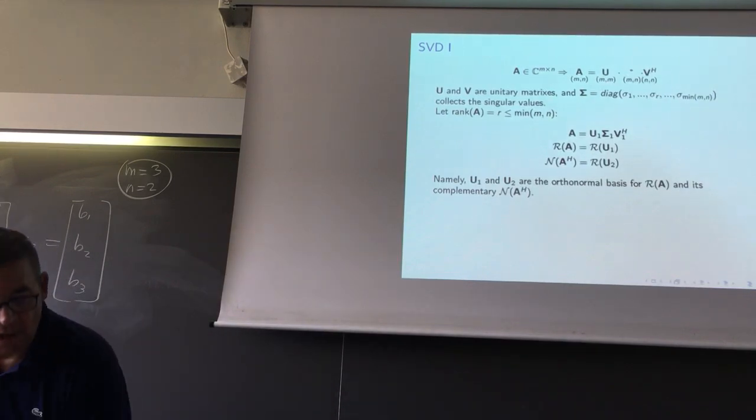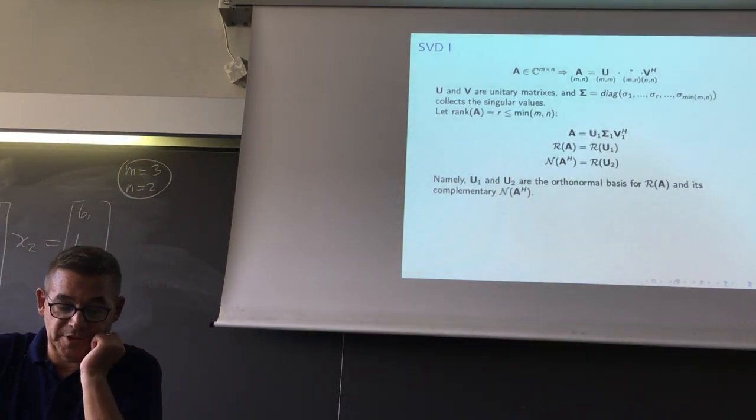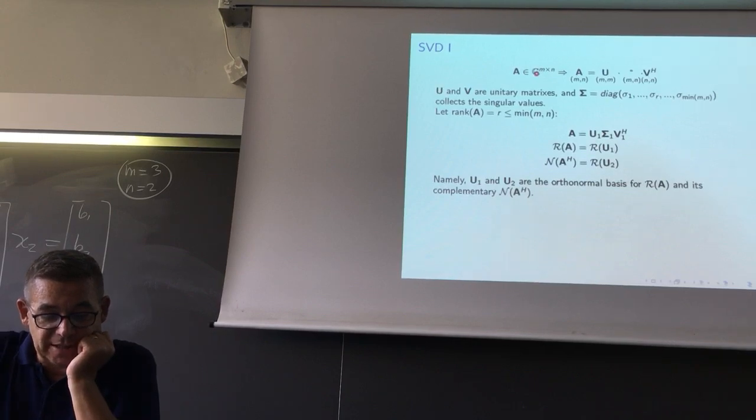The SVD says, suppose that I have a matrix. The matrix is complex and it is m times n.